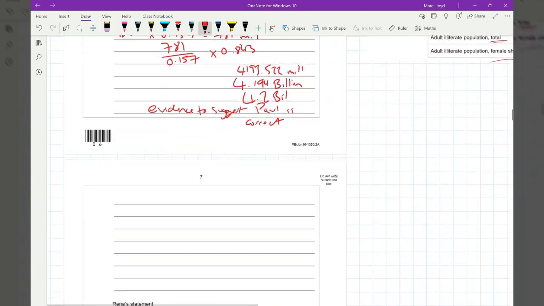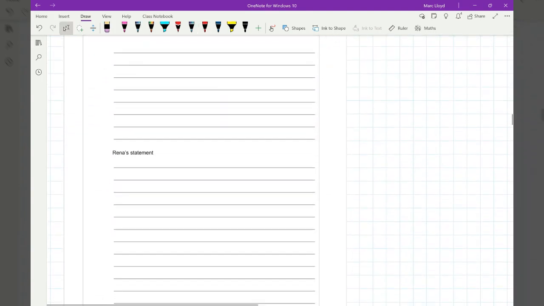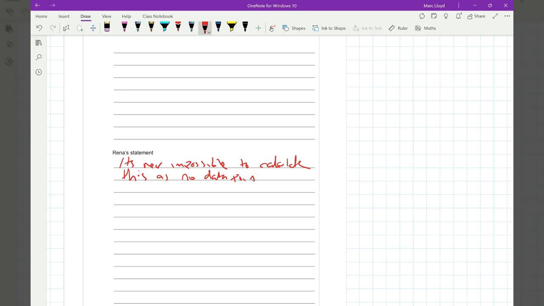So for RENA, it's near impossible to calculate this, as no data points are 20 years apart.